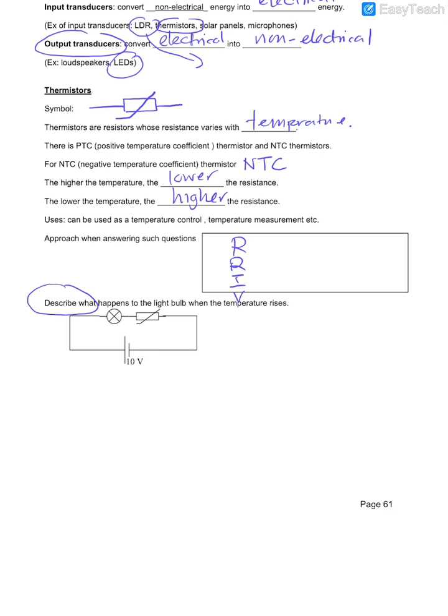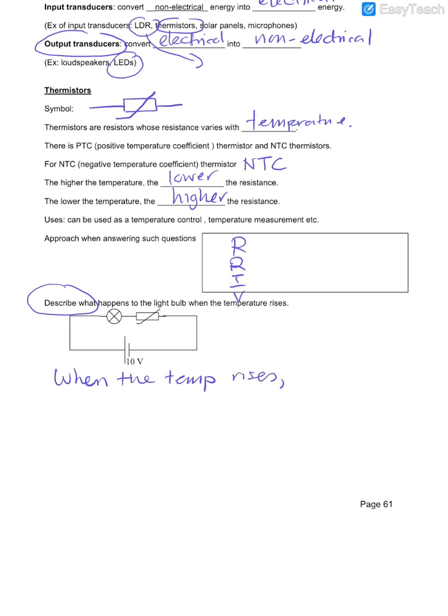So for this here, we have a 10-volt battery connected to a lamp and a thermistor. So first step, of course, let's give an intro statement. When they ask, temperature rises. So when temperature rises, that's the intro statement.